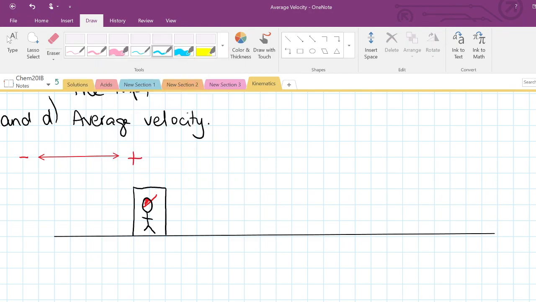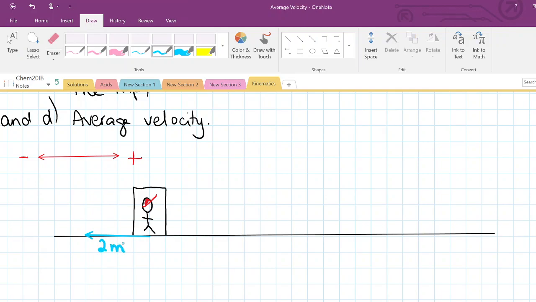I'm going to use this light blue color. Nick, when he leaves the room, he travels 2 meters to the left. And let's just say 2 meters because I'm using my square paper. Let's say 2 meters is 4 boxes. Okay, so he travels 2 meters to the left.